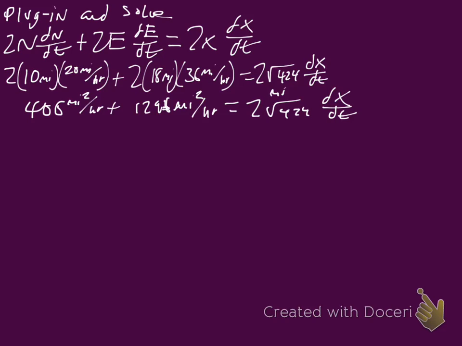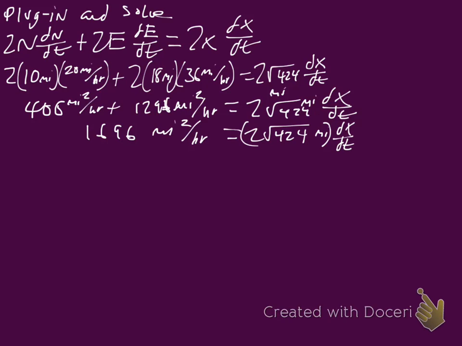Then you add them together on the left side of the equal sign, because you can do that, and you get 1696 miles squared per hour equals, this is miles, 2 root 424 miles dx/dt.